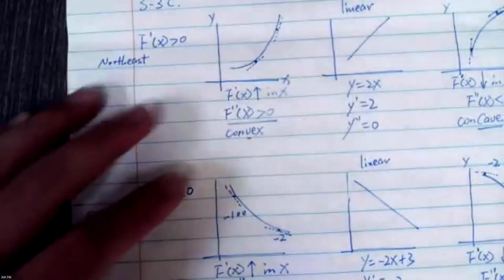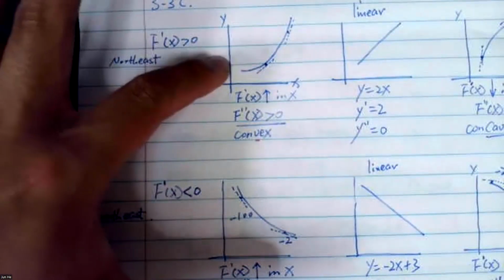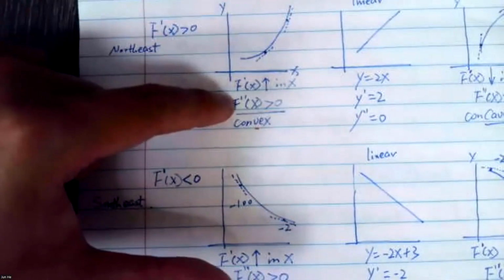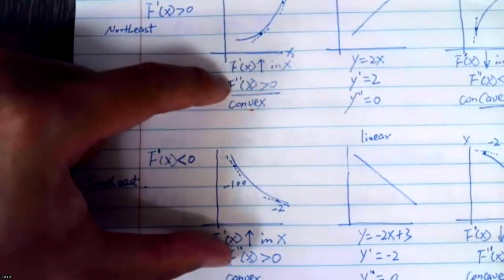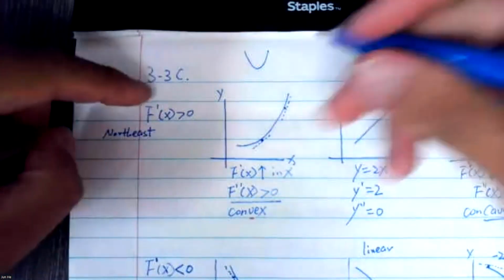Okay. So here, there's one other thing just to summarize. No matter what the first order derivative is, as you can see, if the second order derivative is greater than 0, then the function is a V shape, right?